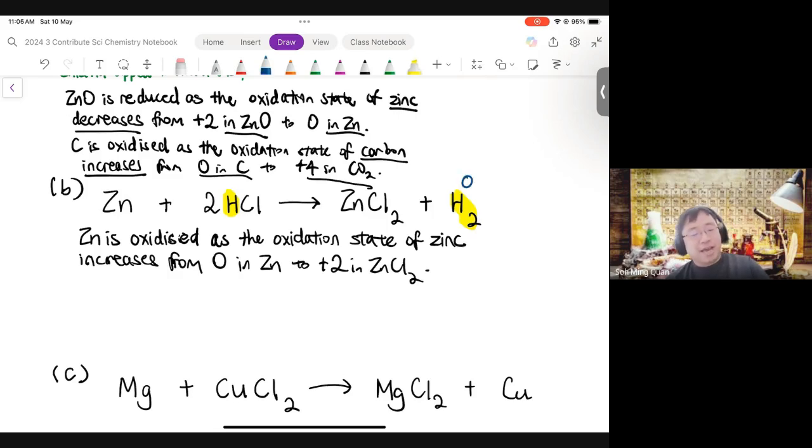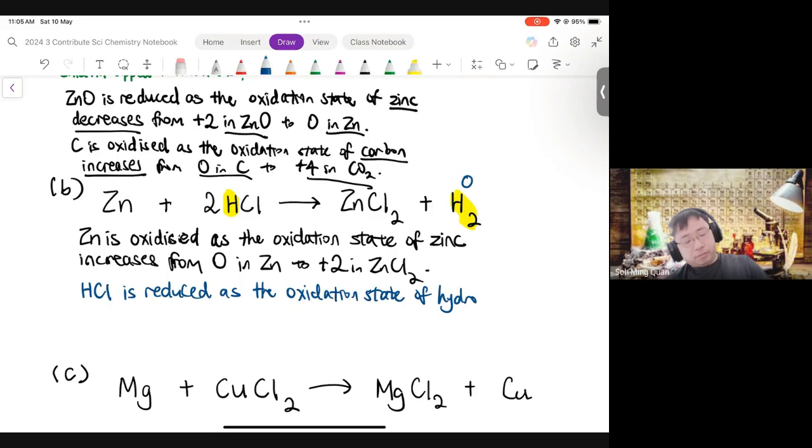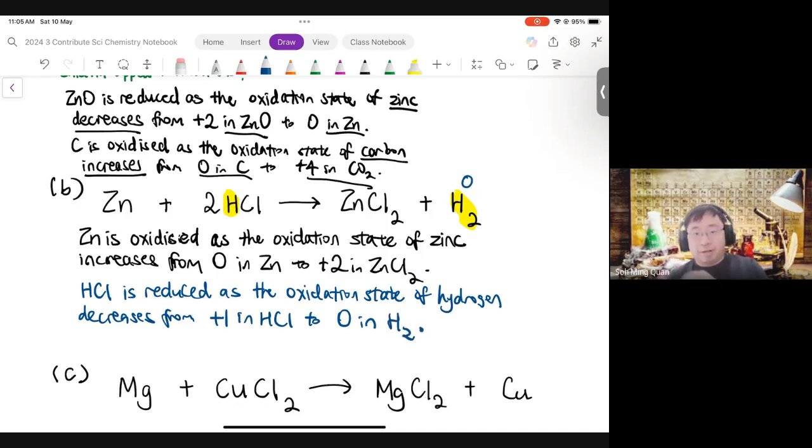All right, and hence it's much quicker for me to realize that HCl has been reduced, as the oxidation state of hydrogen decreases, all right, from, again, +1 in HCl. It's very important to say +1 in HCl to, at the end, it's an element that's not combined, so it's 0 in H2. All right, so little things do make a difference.